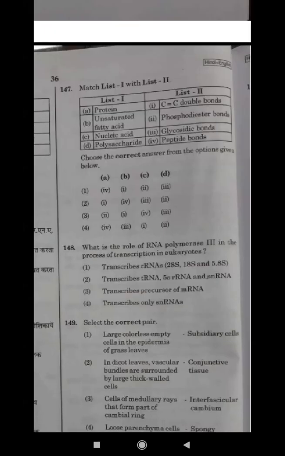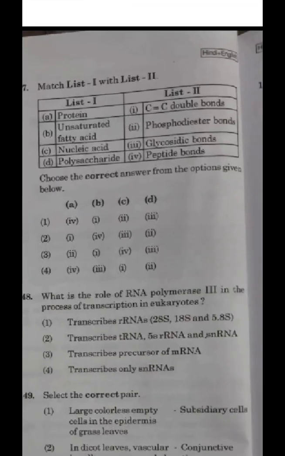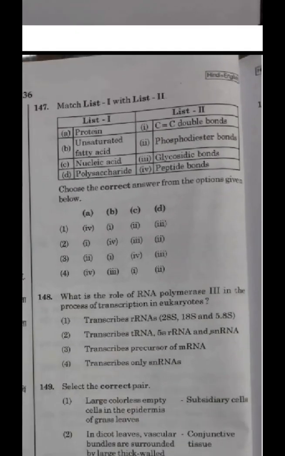Now question number 147. You again have to match. Protein is matched with peptide bond, unsaturated fatty acid with C=C double bond, nucleic acid with phosphodiester bond, and polysaccharide with glycosidic bond.